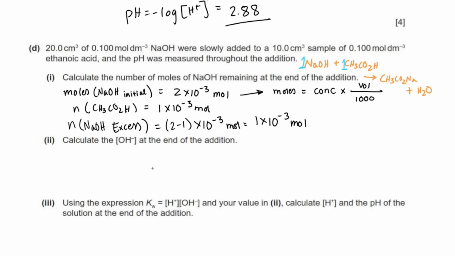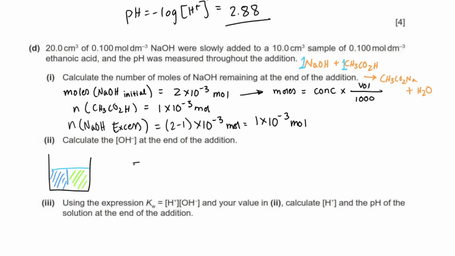after the addition. Well, after we add two solutions, one part of it was sodium hydroxide and the other part was ethanoic acid. So now the volume of the solution has changed, and so the concentration of the excess sodium hydroxide will change.